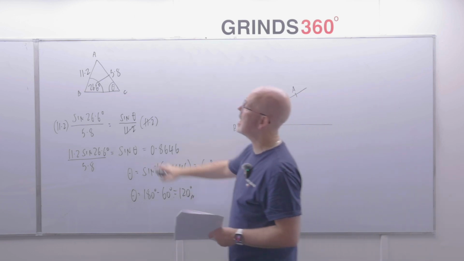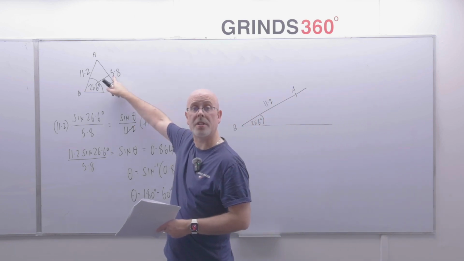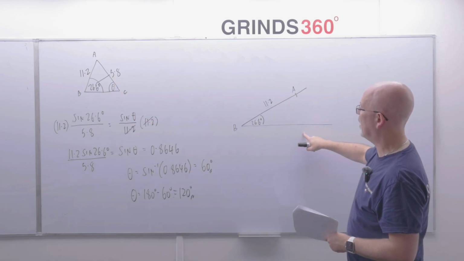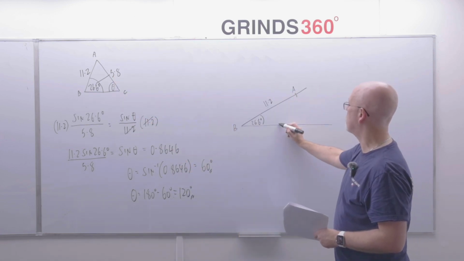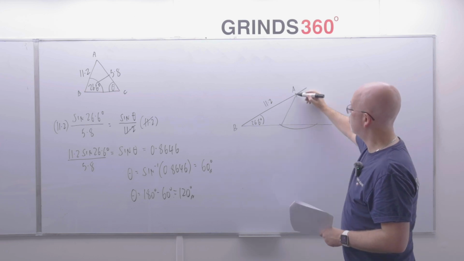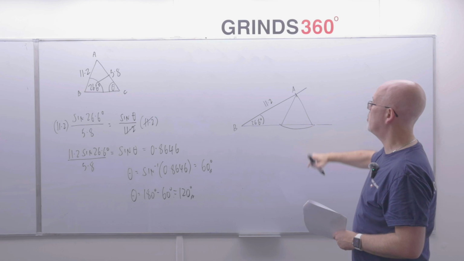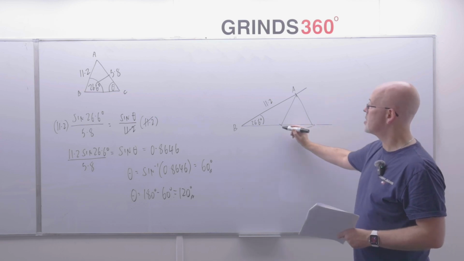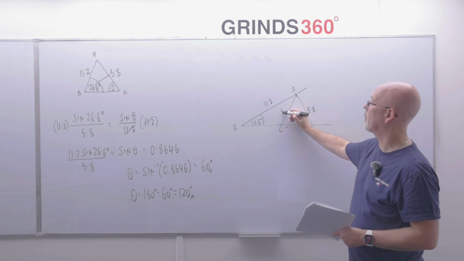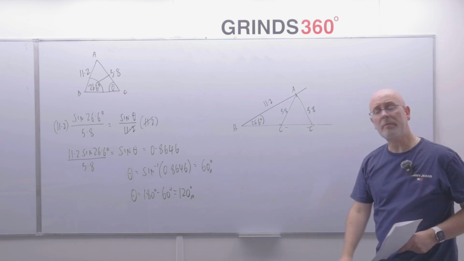And then to find C, we would set our compass to 5.8. Wherever our compass hits the bottom line, we find our point C. So the compass would probably do something like that. You can see I've got one option here and one option here. Just two possible locations. So C could be here and C could be here, because they're both 5.8.